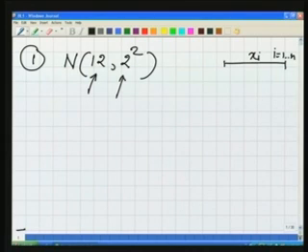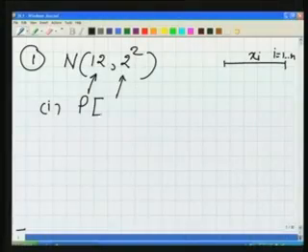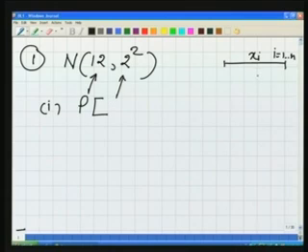Well, the answer that we have to provide: we have to find the probability that our variable x will have a value less than or equal to 10.